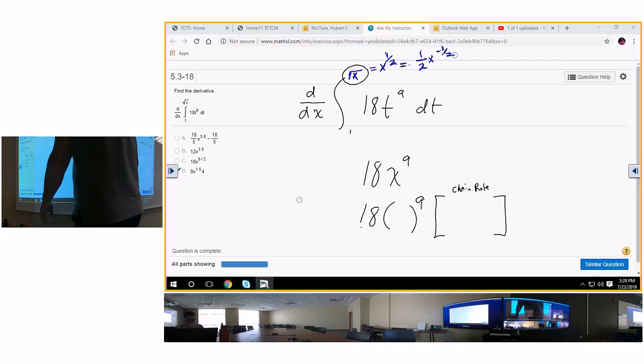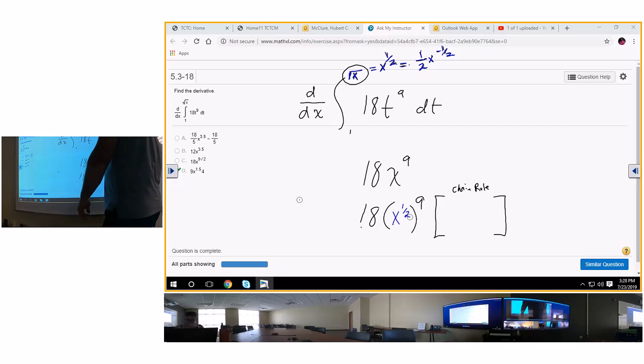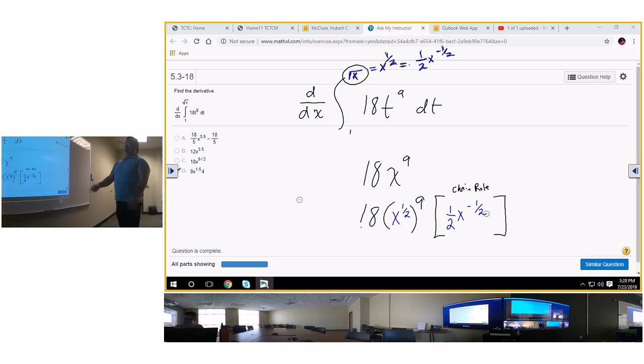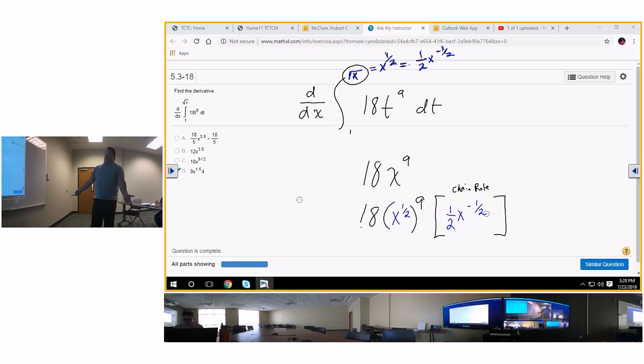All right, this will be x to the 1/2, and this will be 1/2 x to the negative 1/2. Now I want you to finish, because that's all the calculus there is. All the rest is what? Algebra.